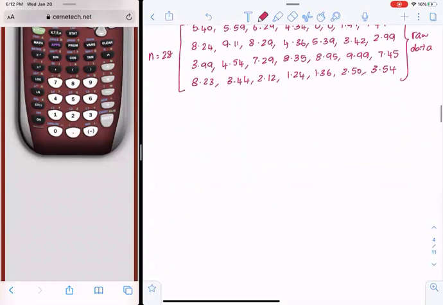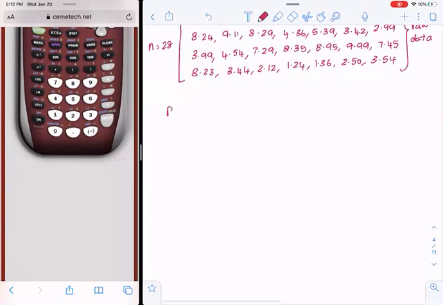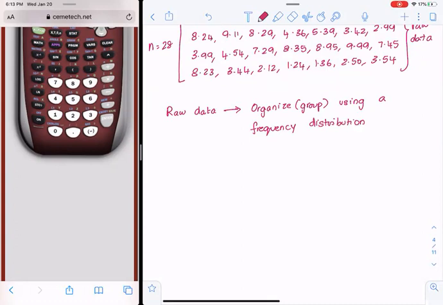So what we have to do is we take the raw data, and we organize the data, organize in the sense group, using a frequency distribution, and use that frequency distribution to obtain a histogram.